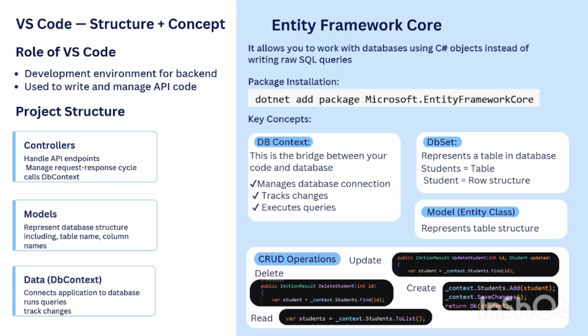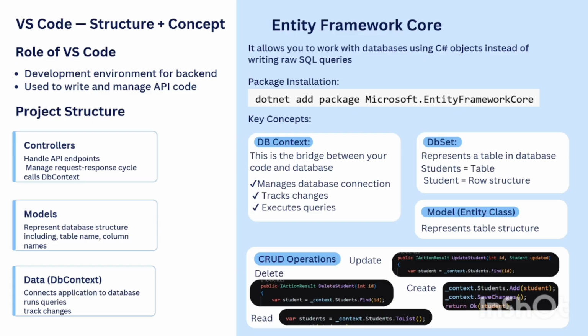Once we are done with creating our database, the second thing we need to understand is the project structure, because this is the core component of our backend. For now, we are making three main folders, that is controller. It will handle all API endpoints and will manage requests and responses from Postman.